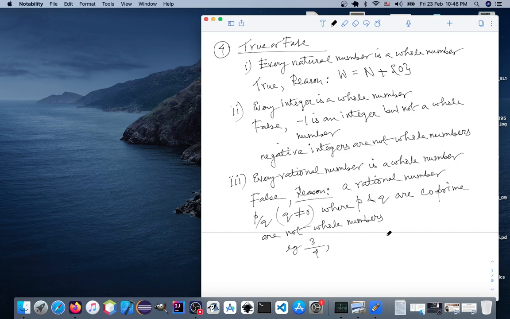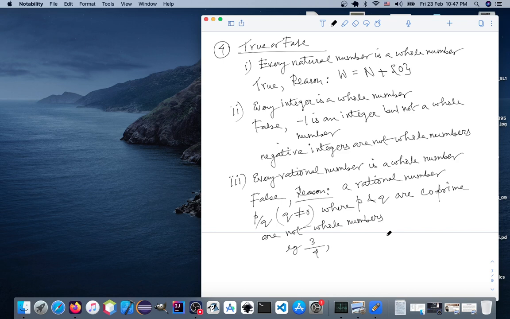The rational number half has equivalent rational numbers 2 by 4, also 3 by 6. So a rational number has infinite equivalent rational numbers. We do not consider those other equivalent rational numbers. We only consider half, the reduced and simplest form.